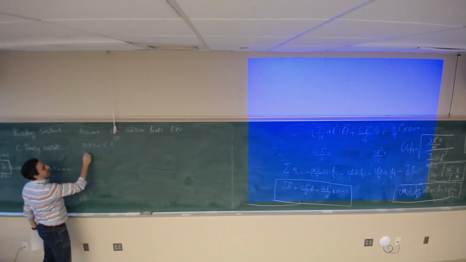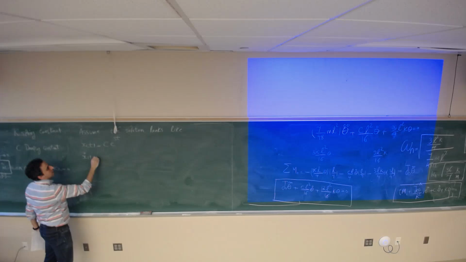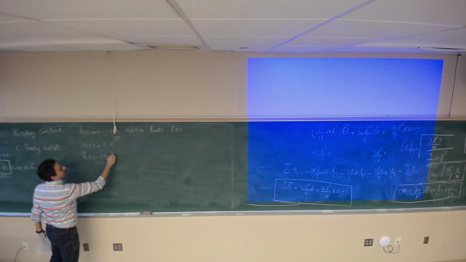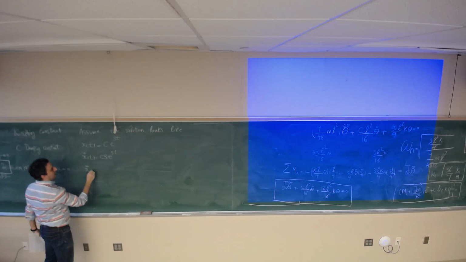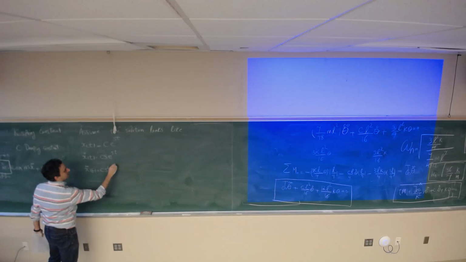So x dot would be C s e power st, and x double dot would be C s squared e power st.